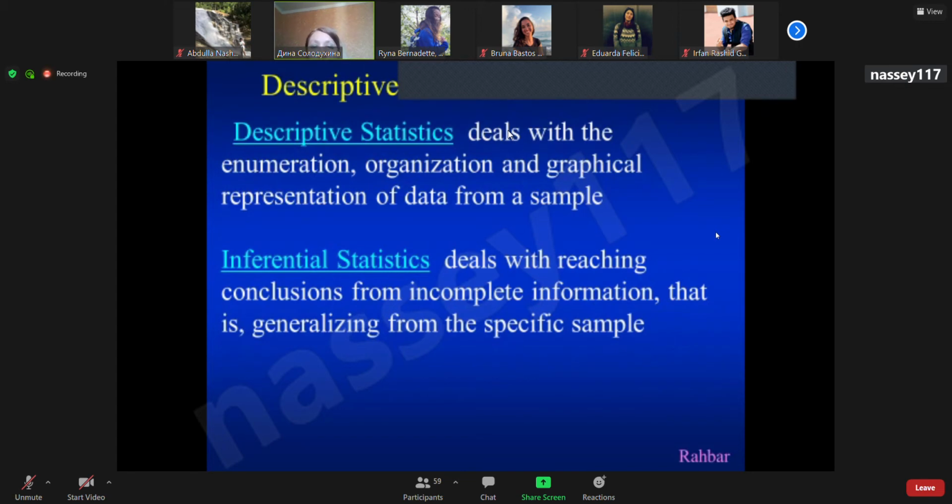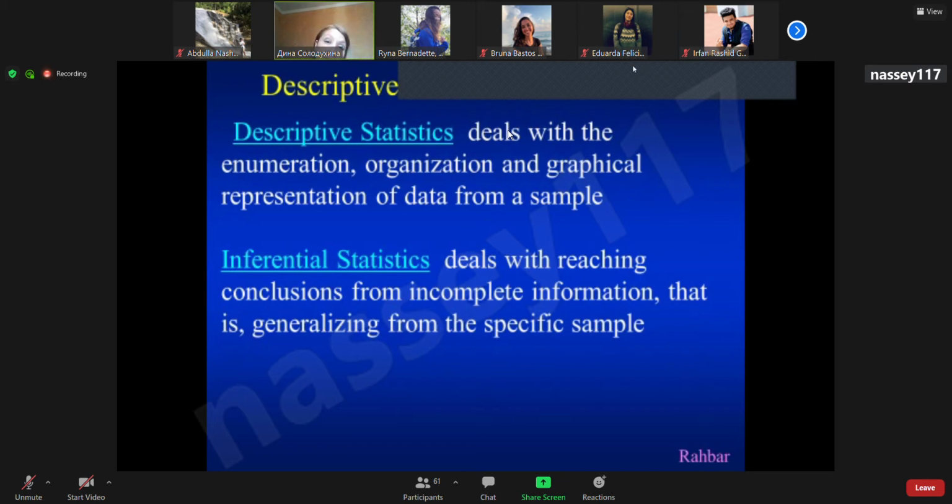If we take another part of statistics, which is called inferential, it deals with reaching conclusions from incomplete information, that is generalizing from the specific sample. So, as I said, first of all, we will cover essential questions of descriptive statistics, and after this, we will come to statistical inference.